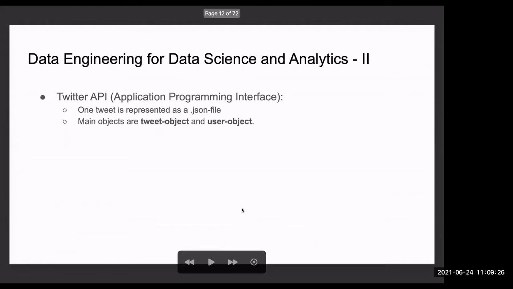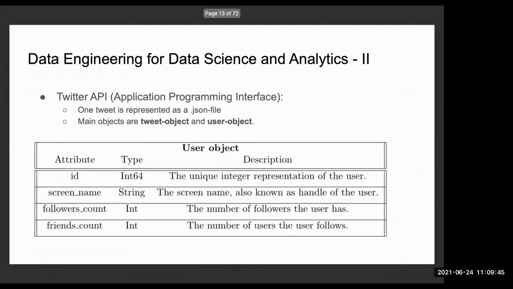All right. So how does Twitter look in a raw data set? Like I said earlier, it's a JSON file, and the easiest way to explain this is that this JSON file mainly contains two objects: the tweet object and the user object.